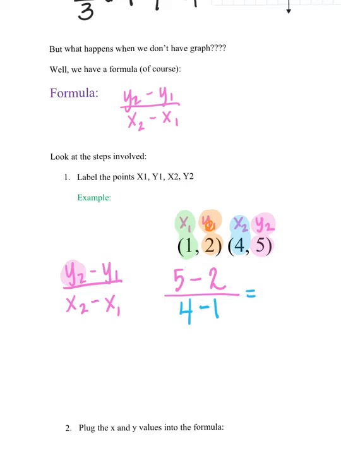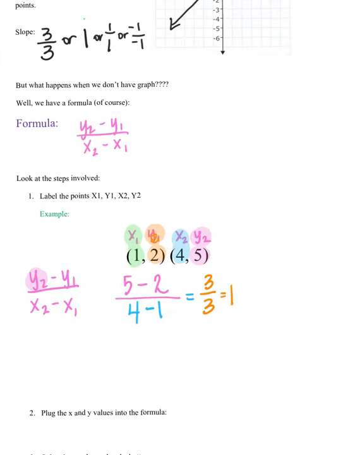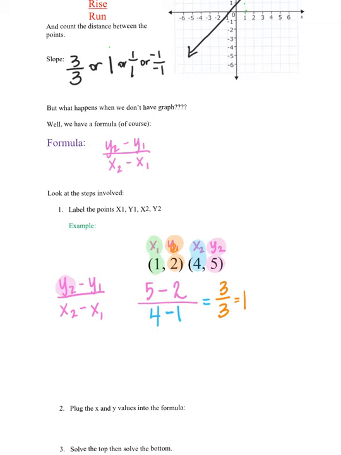Okay? So we have y2 minus y1 over x2 minus x1. And then we just subtract. 5 minus 2 is 3. And 4 minus 1 is 3. 3 over 3 equals 1, which is exactly what we had up here. Same slope.